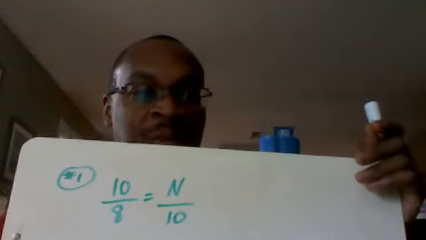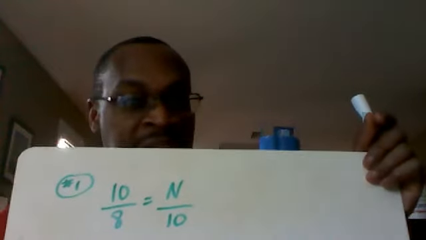So I'll start off by telling you that you're going to cross multiply the 10 and the 10 and the 8 and the n. And I'll show you step by step how it's supposed to look. So I cross multiply, I end up getting 8n equals 100.